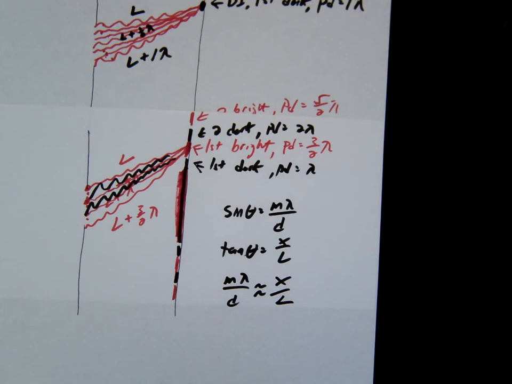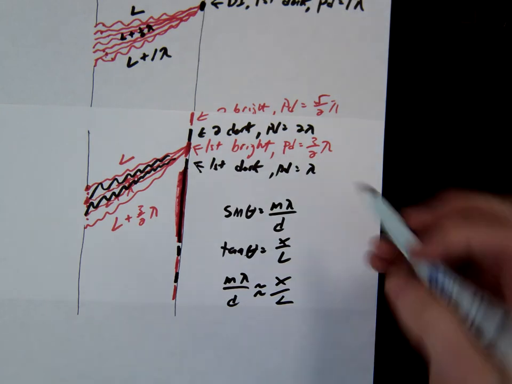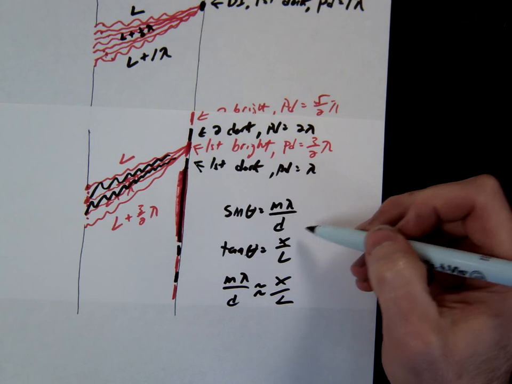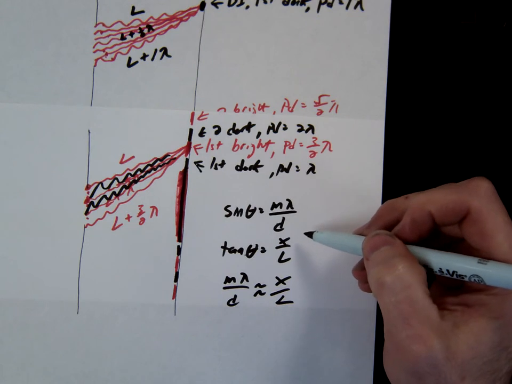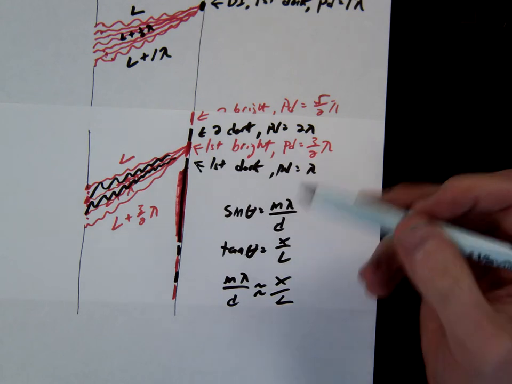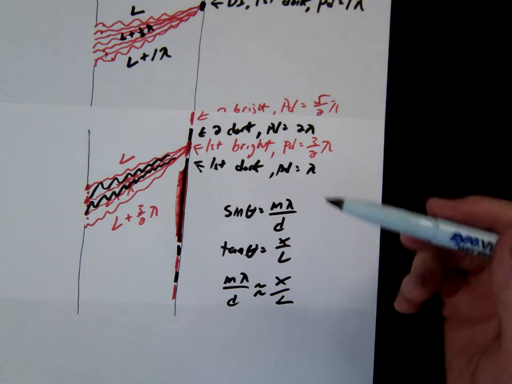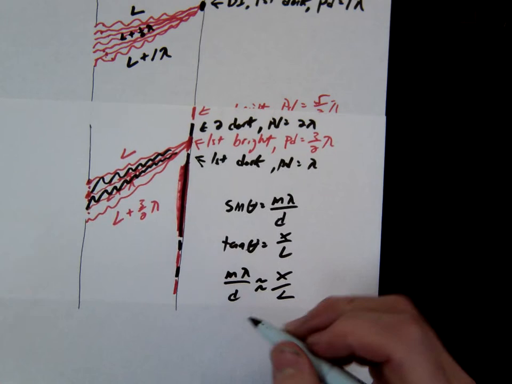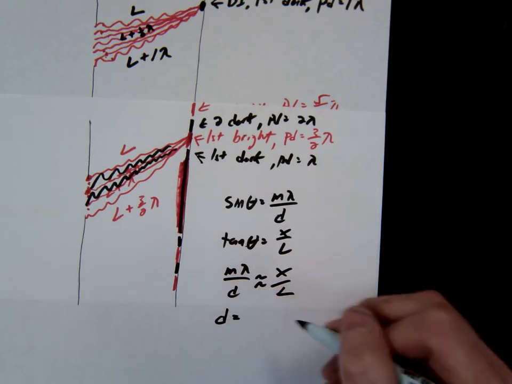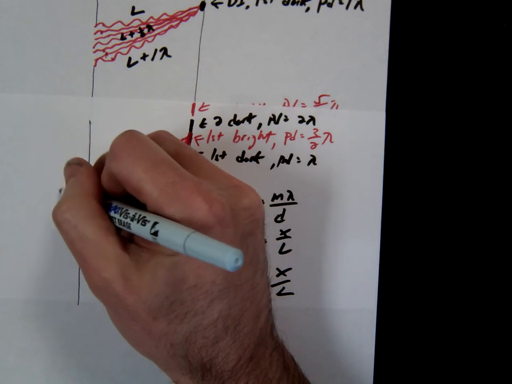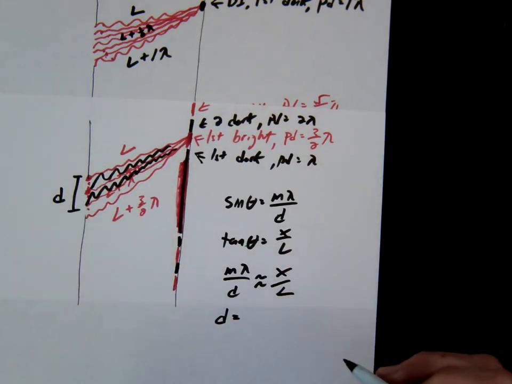Now there's one slight difference, because what was D called? What was D for double? Distance between the slits. Well, there's only one slit. You can't have a distance between the slits if there's only one slit. Any guesses on what D means? Okay, the width of the slit. So D is the width.